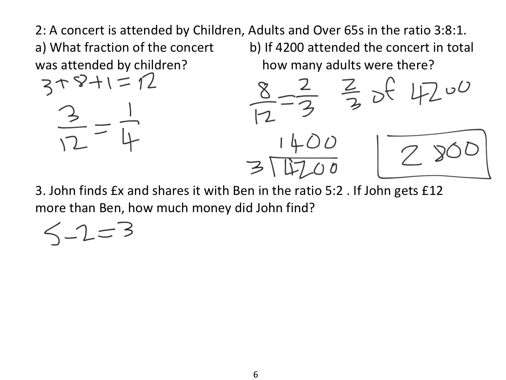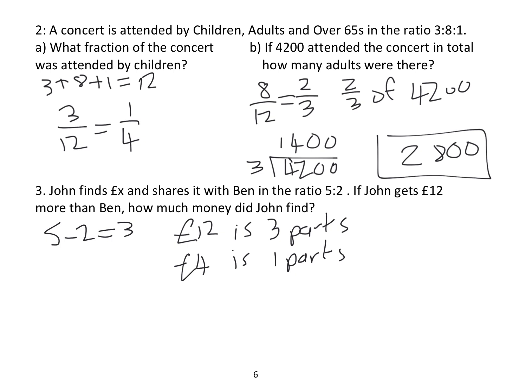He gets 12 pounds more than Ben. So 12 pounds is 3 parts. It's always useful to work out one part because you can go anywhere with that. If 3 parts is 12 pounds, 1 part is going to be 3 times less, so that would be 4 pounds.